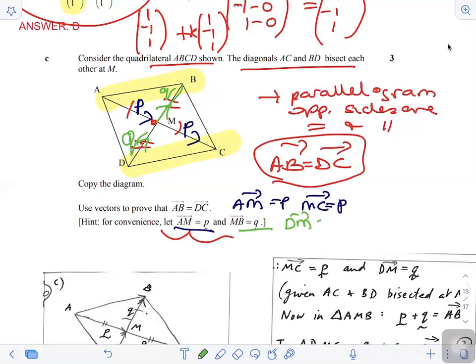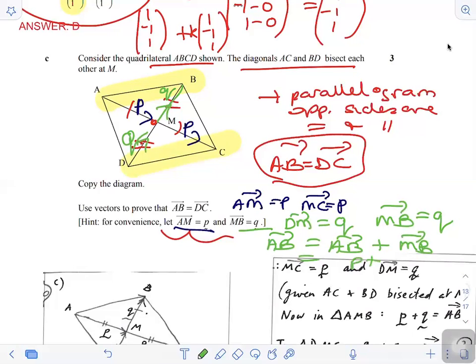So AB equals AM plus MB, which equals p plus q.